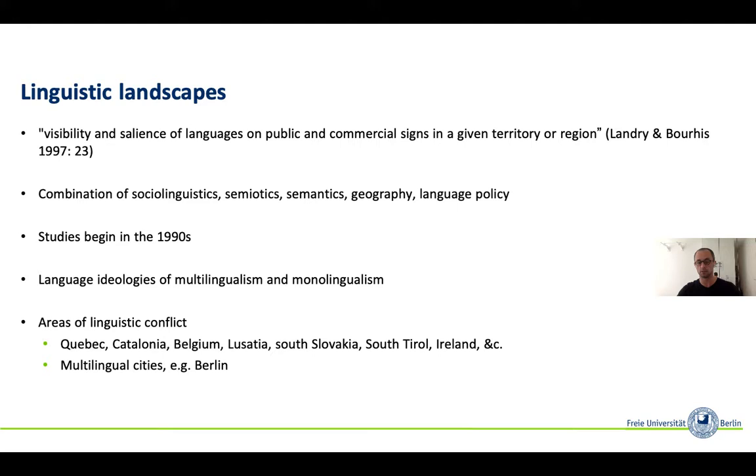Just to name a couple of examples, we have Quebec in Canada, where there's French and English alongside each other, or Catalonia in Spain, where there's Spanish and Catalonian, Belgium with its Dutch-speaking, French-speaking and German-speaking communities, or in Germany, the Sorbian-speaking areas, or South Slovakia with the Hungarian minority and Slovakian-speaking majority, South Tyrol with Italian and German, or Ireland, where you have the different roles of English and Irish, and so forth.